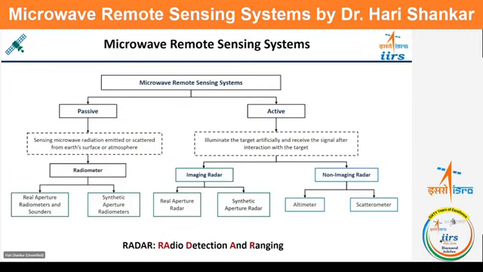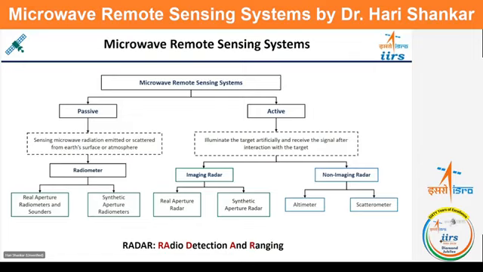So for this active microwave remote sensing, we are using radar systems. Radar stands for radio detection and ranging. Detection and ranging means they are detecting, as well as ranging, meaning finding the distance between the sensor and the target.